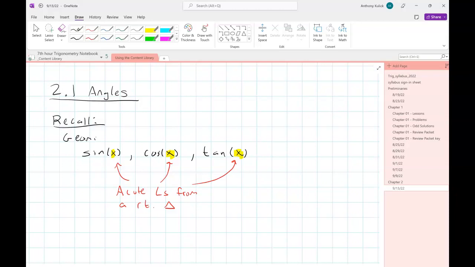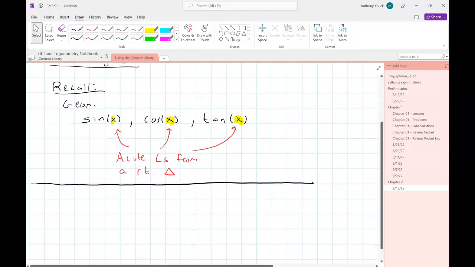Okay? So we're going to start by talking about angles in general, since that is the input for sine, cosine, and tangent.